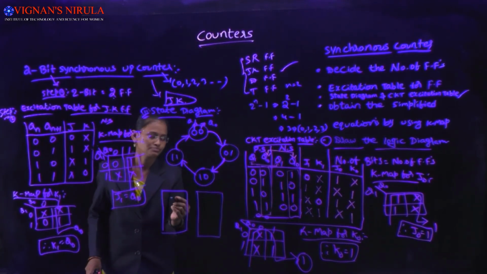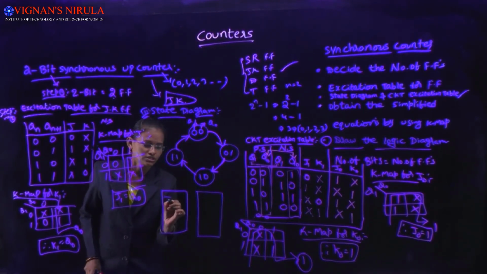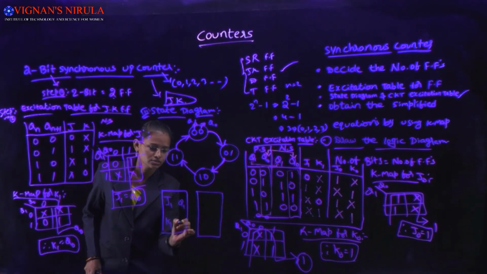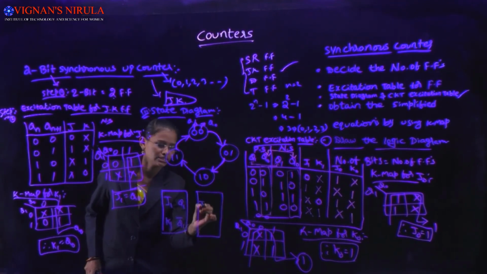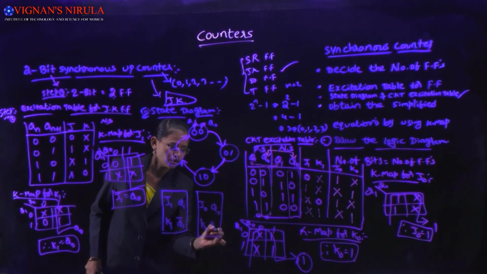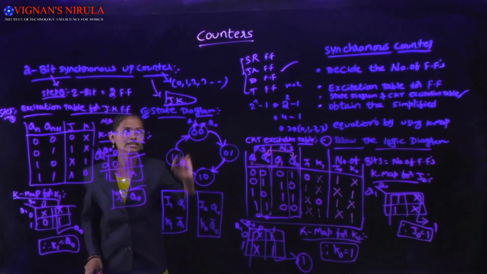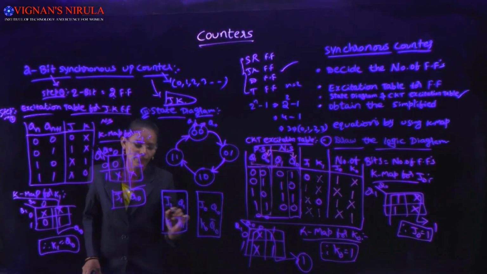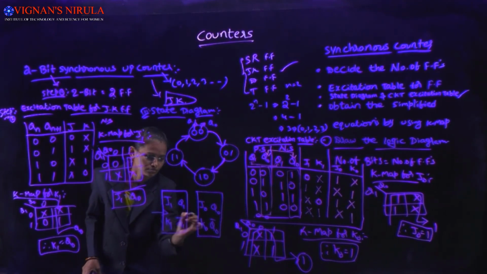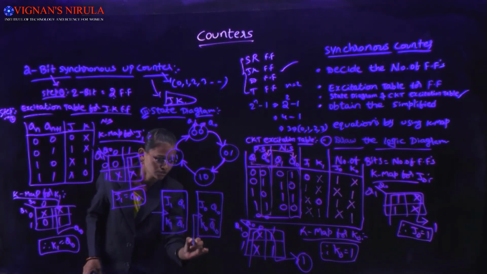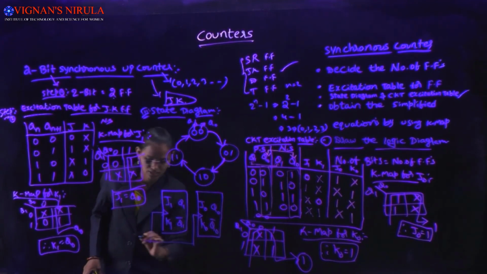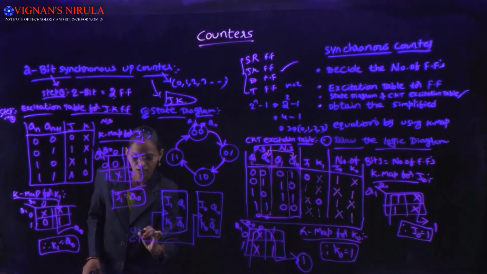They are J1, K1, Q1, Q1 bar, and J0, K0, Q0, Q0 bar. Here this is a synchronous counter. In a synchronous counter we use the same clock pulse. So commonly the clock pulse, C.P., indicates the clock.